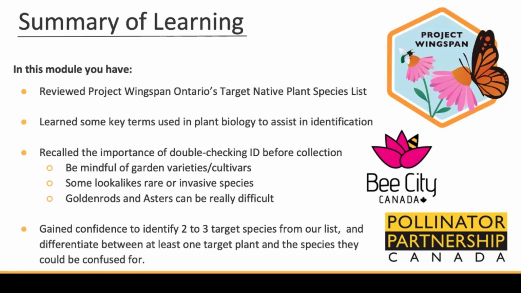And you also have learned that goldenrods and asters can be really difficult, so double, triple check when you're confirming identification for these species. You may have also gained confidence to identify 2 to 3 target species from our list and differentiate between at least one target plant and the species they could be confused for.